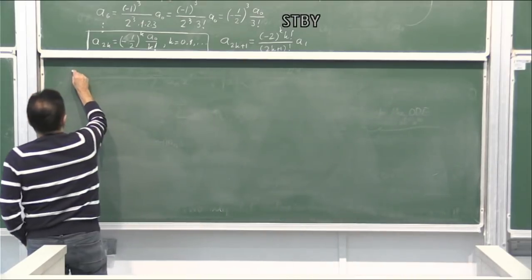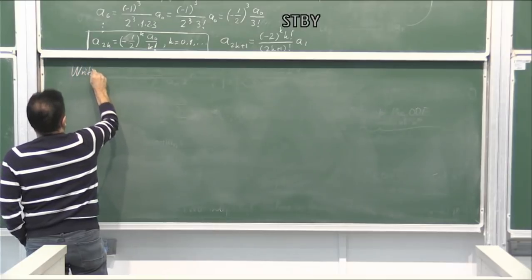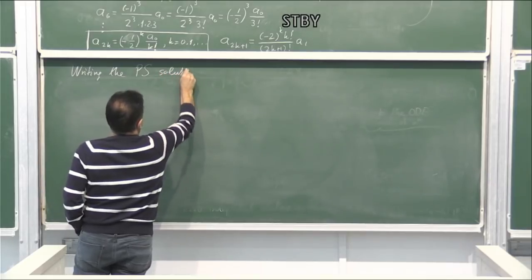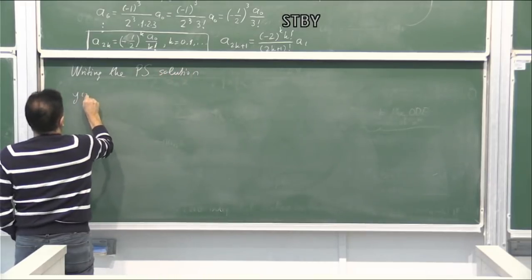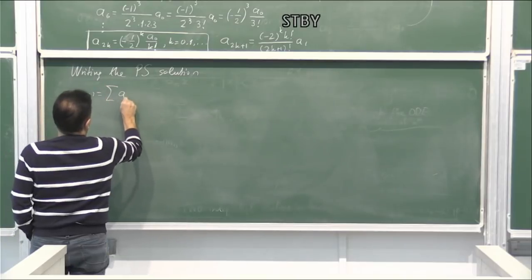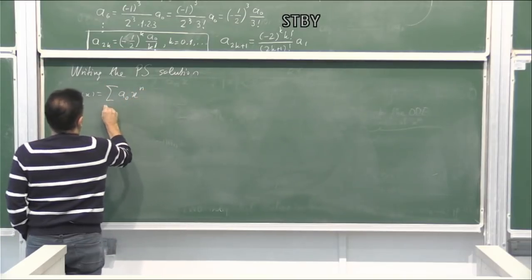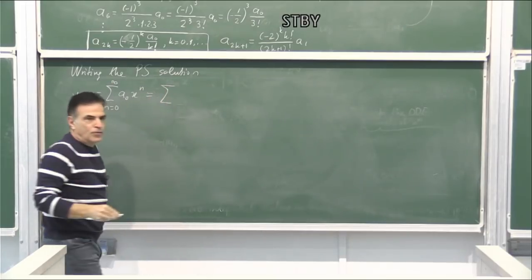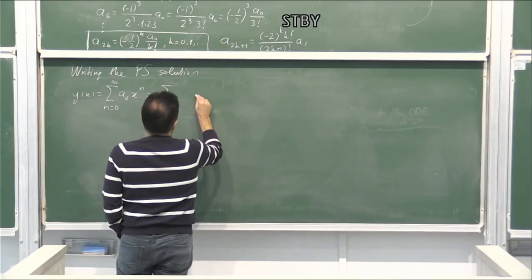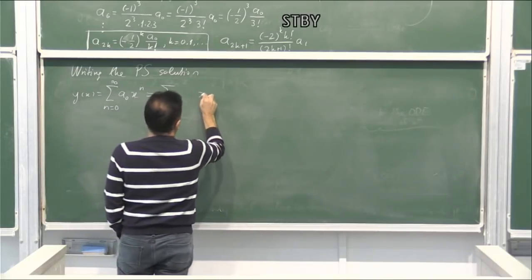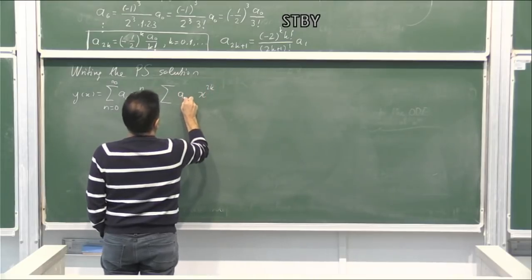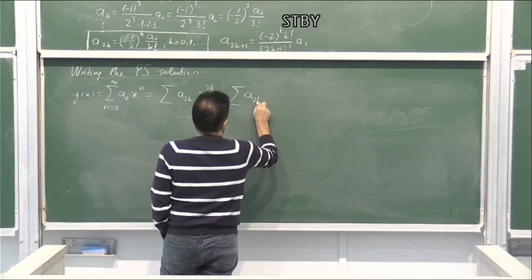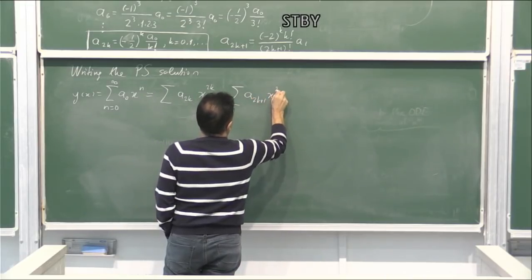So writing the power series solution y of x, which contains both even and odd powers of x, as the sum of two series containing separate, respectively even powers of x and only odd powers of x, like this.